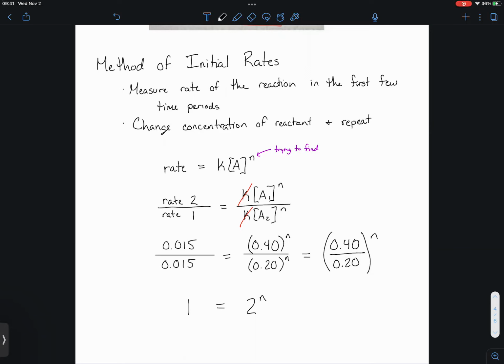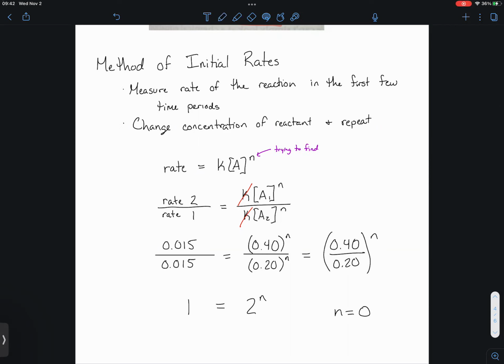So which one is going to make this expression true? Awesome, yeah. So we can see that n has to be equal to 0.